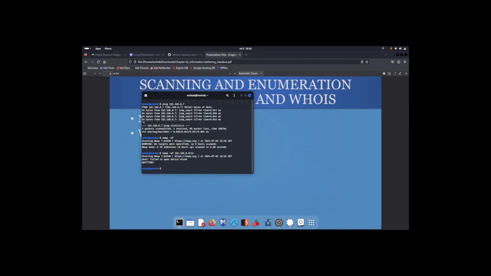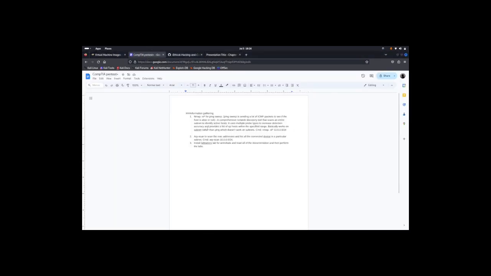Failed to open device lan0. Am I doing something wrong? I guess let's just see it here. Yeah, it's fairly the same.